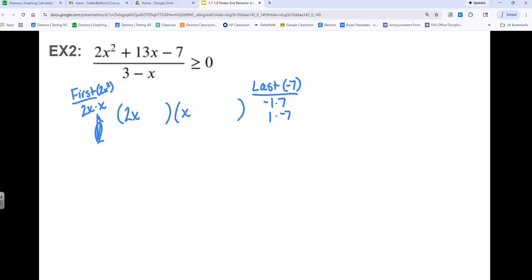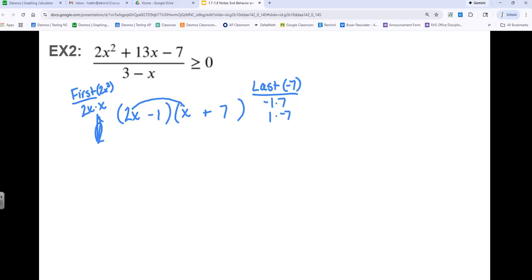So then I just guess and check. The more you do it, you might be able to do it in your head without writing it down. But I'm just going to say, well, maybe it's -1, 7. So I put -1, +7 right here. When you're checking this, you should already know that 2x times x is going to give you x squared. That's the reason you pick those numbers, right?